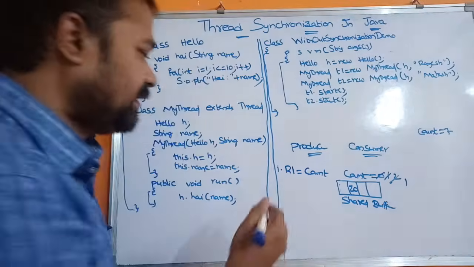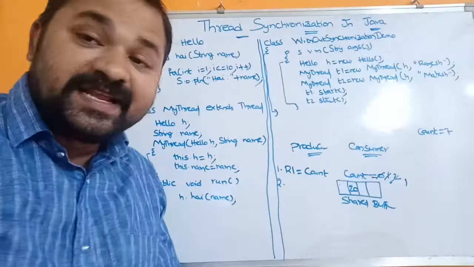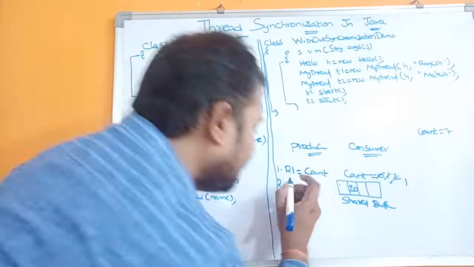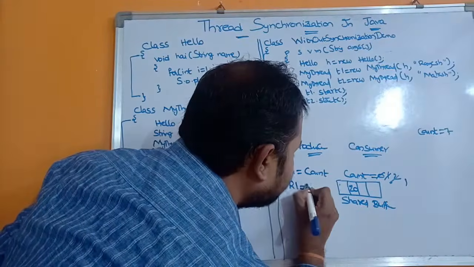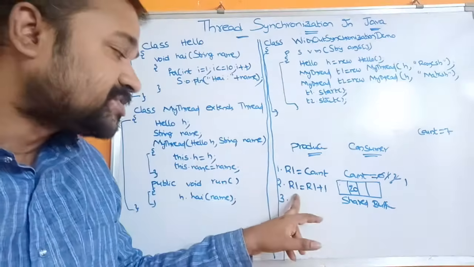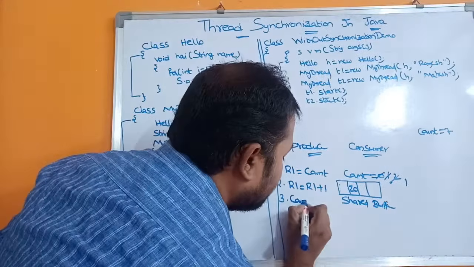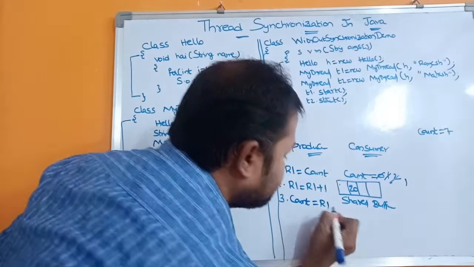The next step, after placing the item, is that it increments the count value by 1, so R1 is equal to R1 plus 1. And then it stores the value in count, so count is equal to R1.